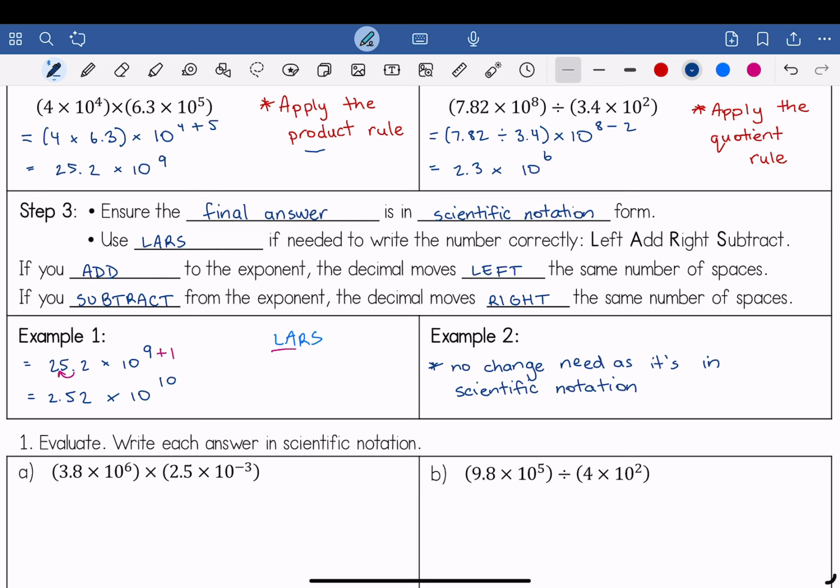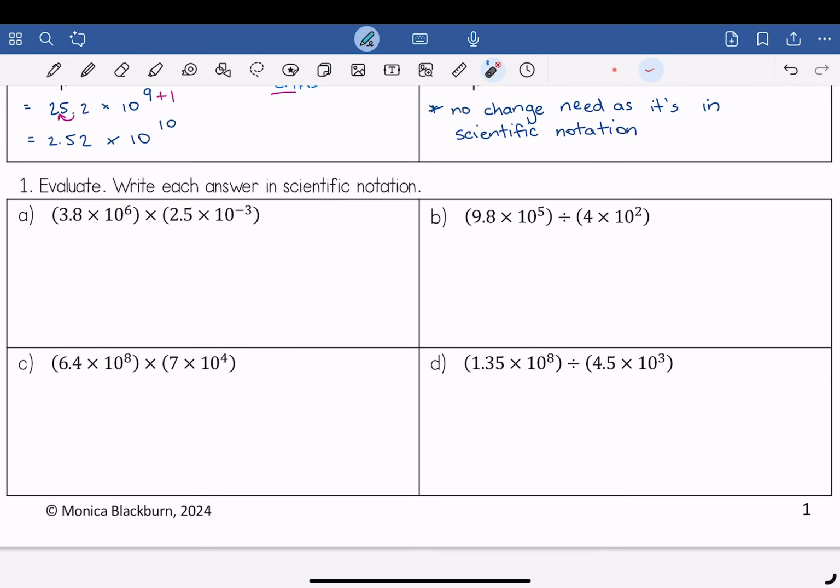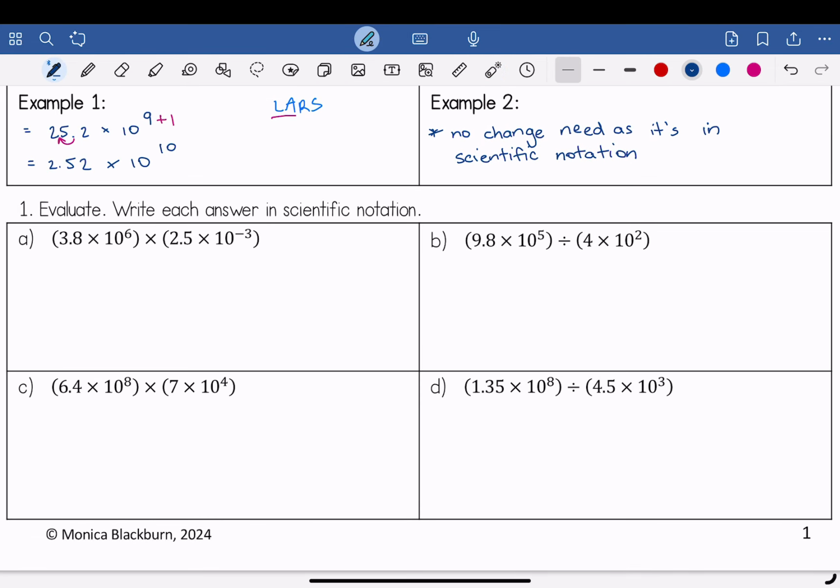And for example 2, since it's already in scientific notation, we don't have to do anything to it. Question 1. Evaluate and write each answer in scientific notation. We have two numbers in scientific notation, and they are multiplied. Therefore, we multiply the coefficients and then add the exponents for the power of 10.